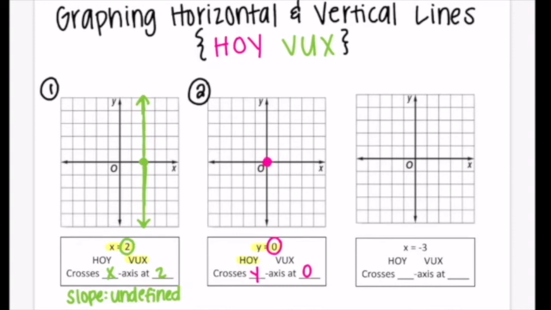And this is a horizontal line. So that means it's going to go from left to right through that point. Okay. Now this slope, because it's horizontal, we know that HOY tells us that the slope is 0.